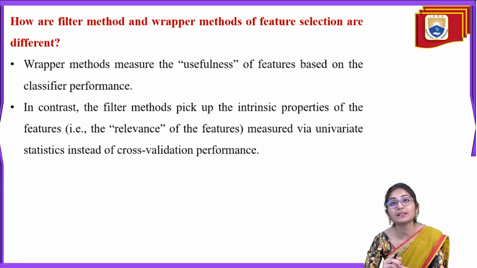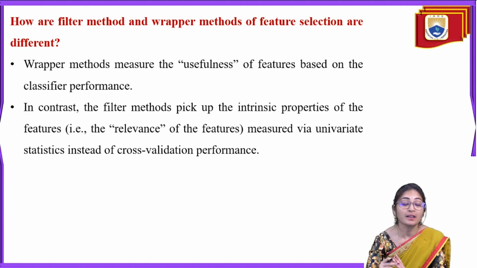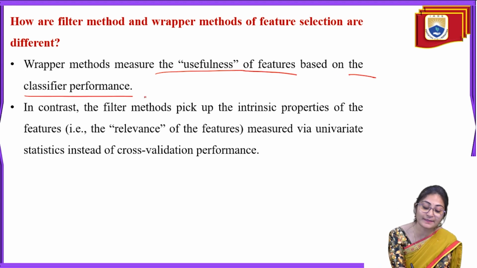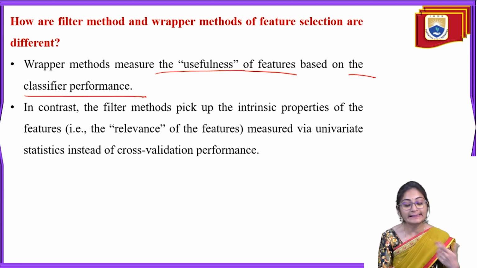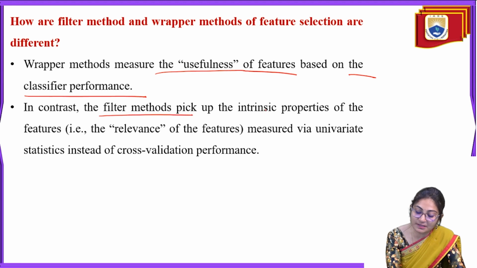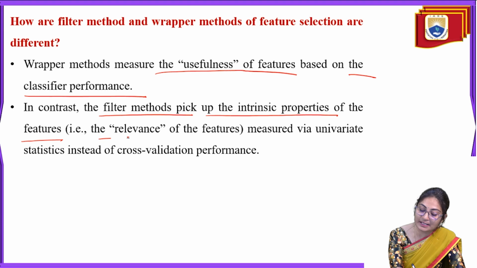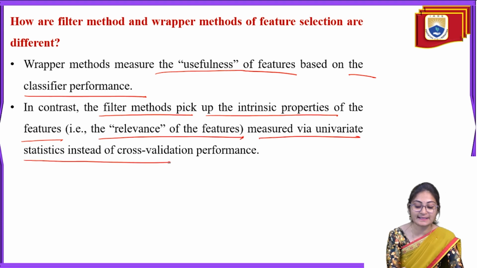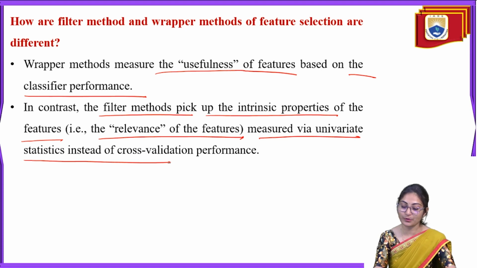Now, what is the difference between filter methods and wrapper methods of feature selection? Wrapper methods measure the usefulness of the features based on the classifier performance. In contrast, filter methods pick up the intrinsic properties of the features, that is, the relevance of the feature, measured via univariate statistics instead of cross-validation performance.